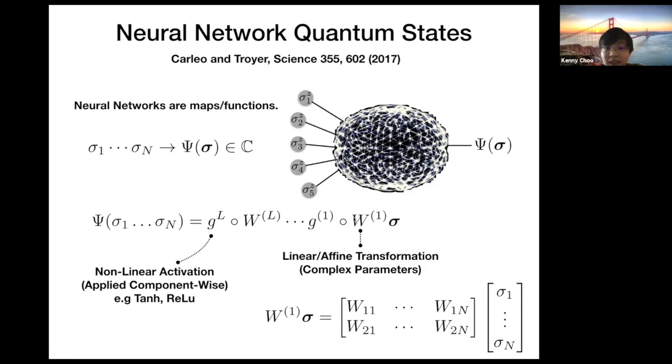These W's here are some matrices which we apply onto the Hilbert space configuration. Then we apply some nonlinear transformation, and this is a feed-forward neural network. If you do it in an alternating sequence, and the networks are large enough, you can in principle capture any kind of function.